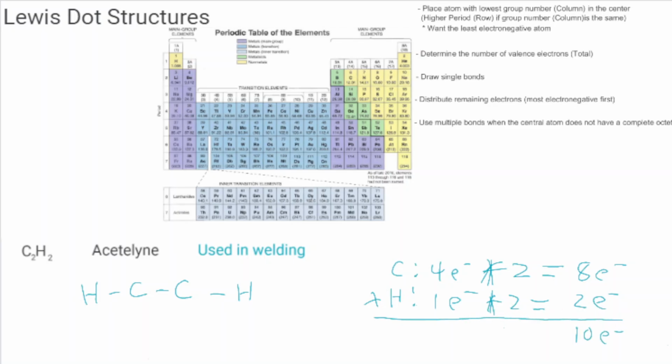Now if we go ahead and subtract out the bonds that we already drew in, we have 1, 2, 3 bonds. 3 bonds times 2 electrons each for a total of 6 electrons. We have our original 10 electrons that we counted up for our valence.